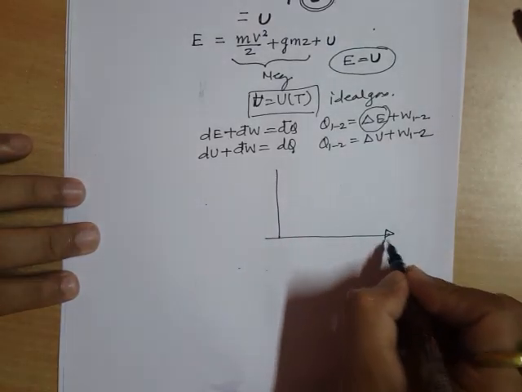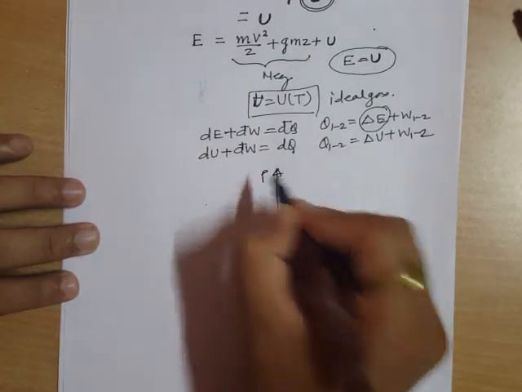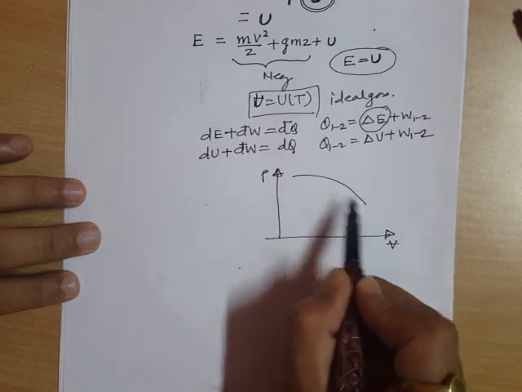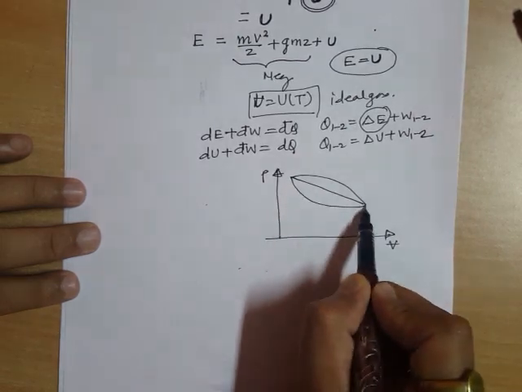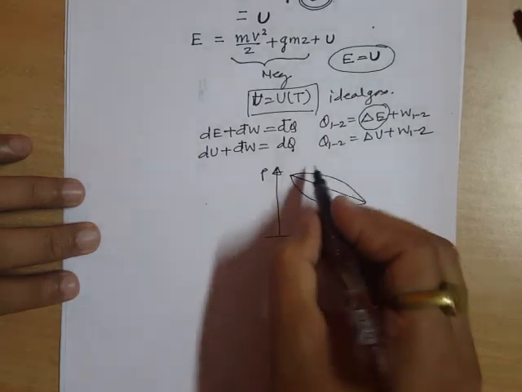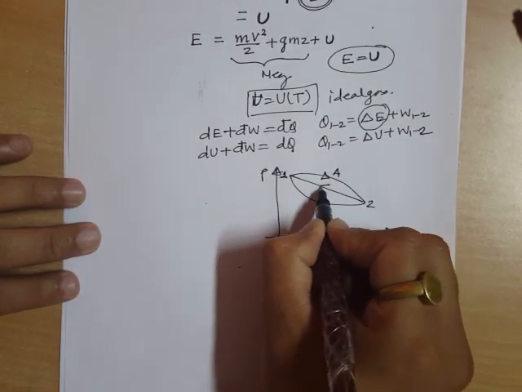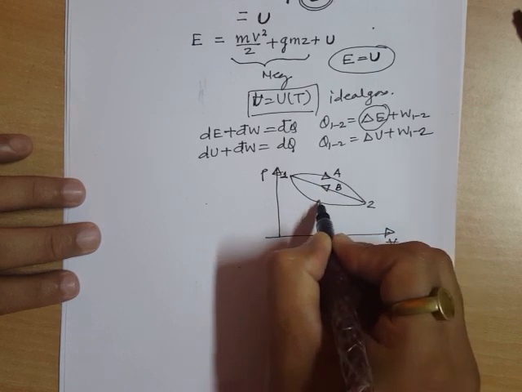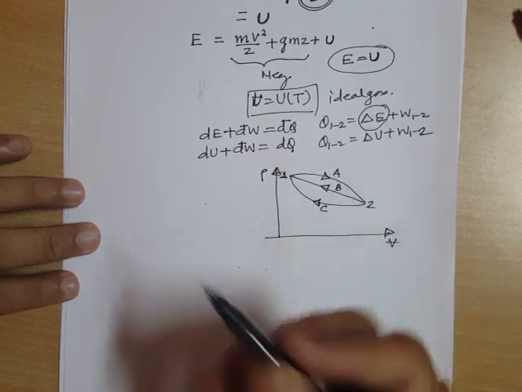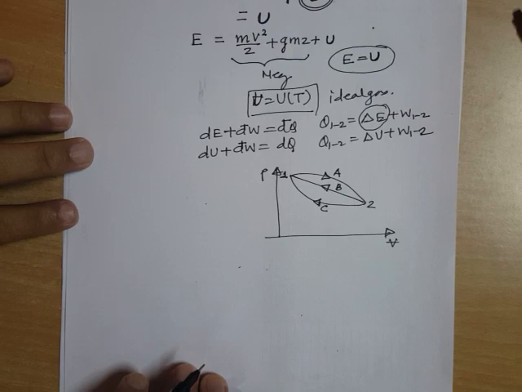Consider a PV plane and consider some processes performed by this system. Let us say that the system is moving from 1 to 2 along path A and it is returning back by path B, and there is an alternate path C by which this system can return to original state 1.